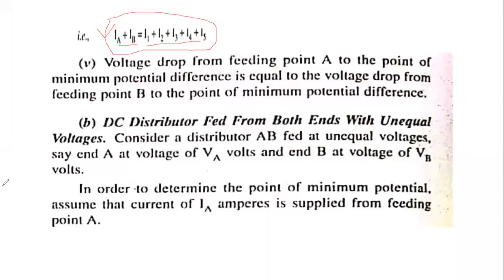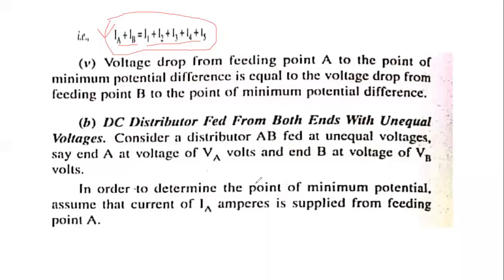Next we are calculating the DC distribution fed from both ends with unequal voltages. Consider a distributor AB fed at unequal voltages, say end A at a voltage of VA volts and end B at a voltage of VB volts.